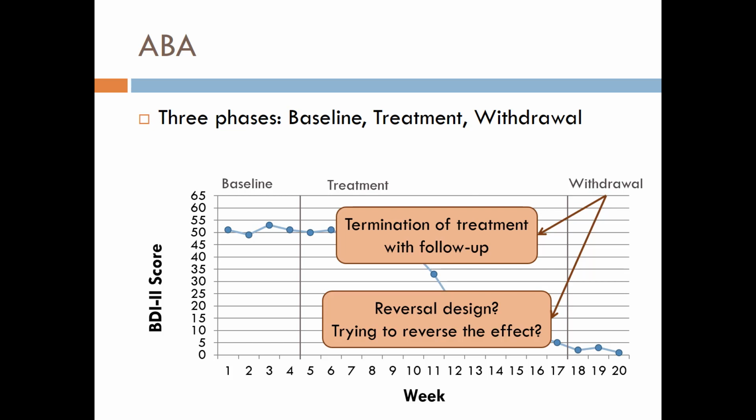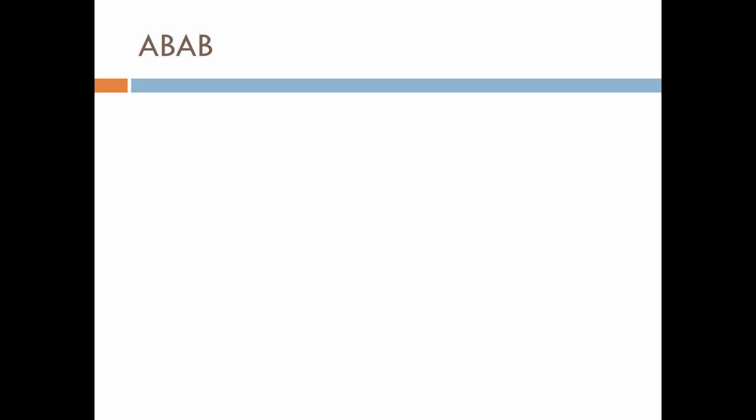There's the discussion in the book about whether the clinician is purposefully trying to reverse the effect. Of course, in a clinical setting, that wouldn't be ethical. But there are certain other settings, like behavior modification, that this might be more amenable to. But for our purposes, I'm just going to refer to this as the follow-up period.